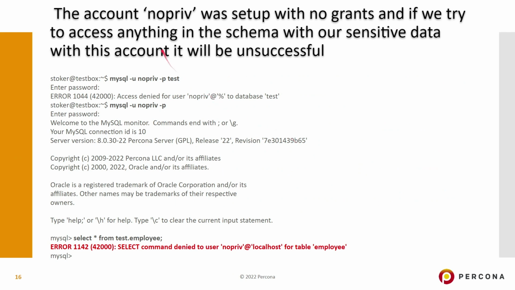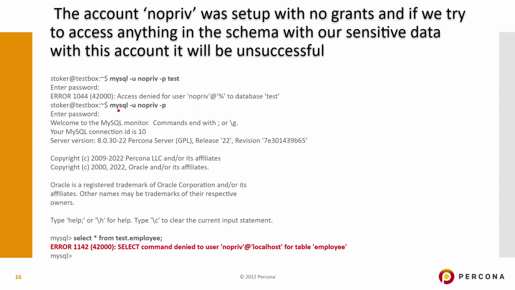So we're going to create a new account, create user nopriv at wildcard. It was set up with no grants, so they have no permissions. And if we try to log in directly as nopriv to the test schema, we get an access denied because they have no grants, no privileges on that database.